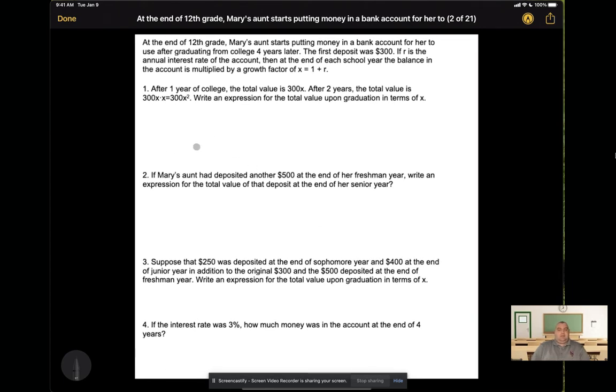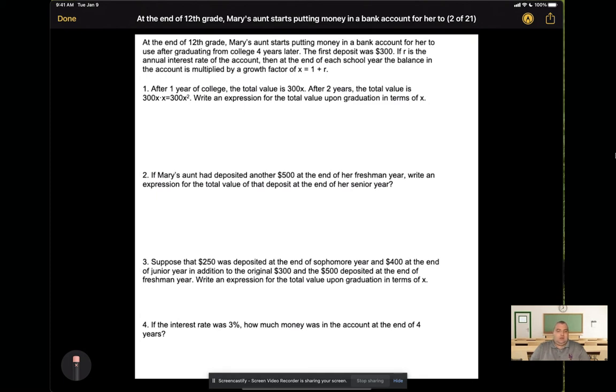At the end of 12th grade, Mary's aunt starts putting money in a bank account for her to use after graduating from college 4 years later. The first deposit was $300. If r is the annual interest rate of the account, then at the end of each school year, the balance in the account is multiplied by a growth factor of x equals 1 plus r.